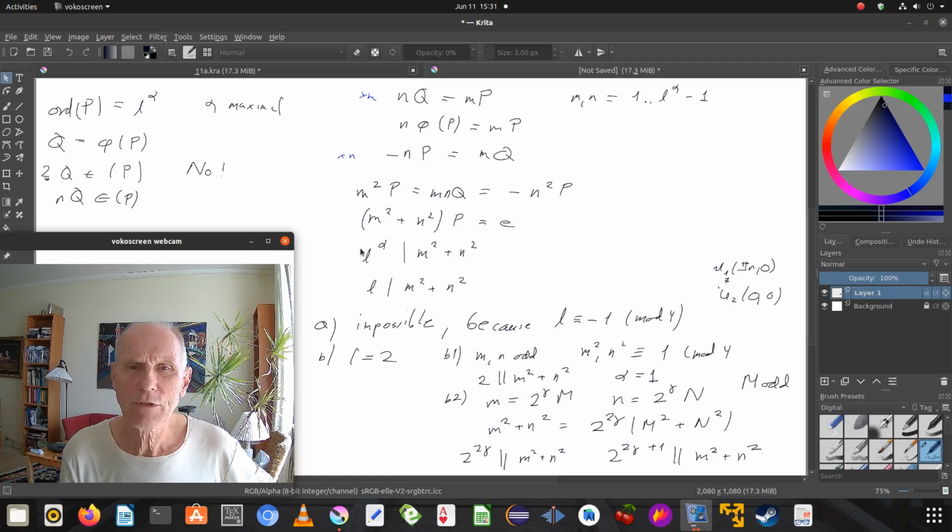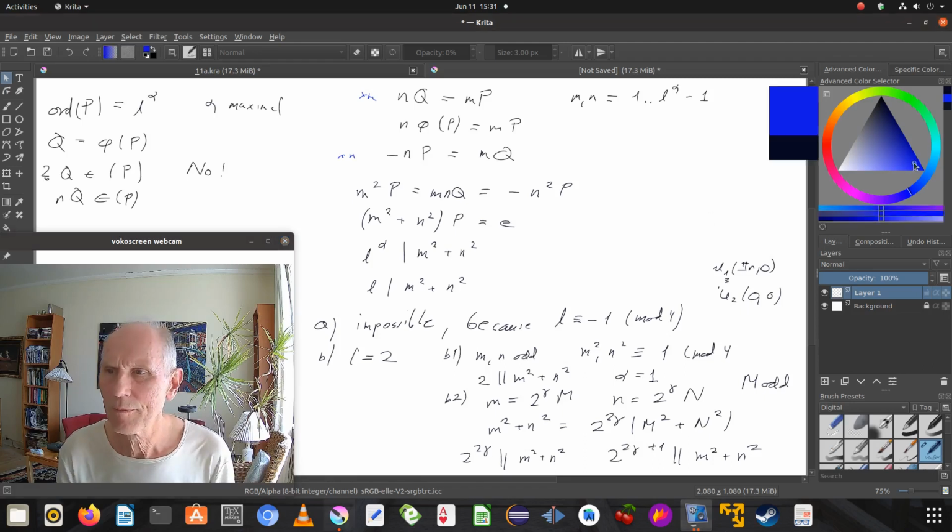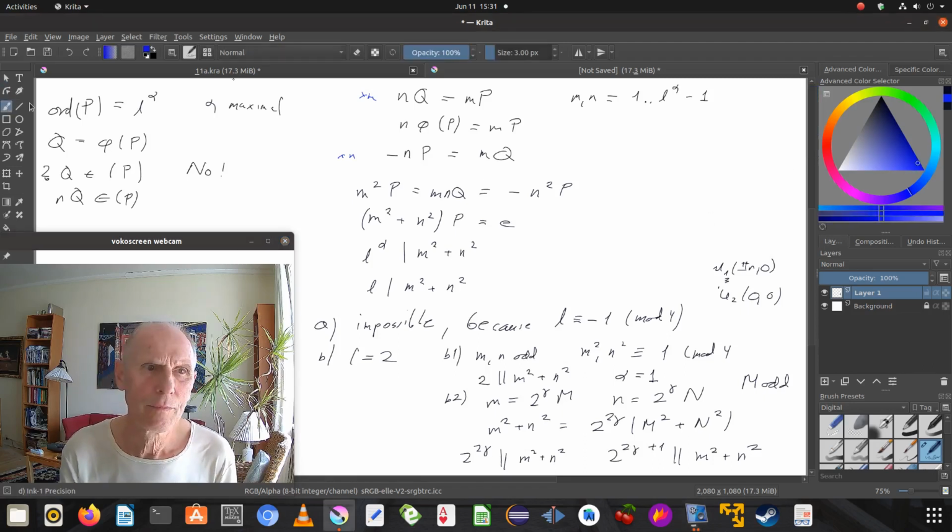The point is we have 2 to alpha divides m squared plus n squared. And that means that these are smaller than 2 alpha. So 2 gamma smaller than alpha, or 2 gamma plus 1.